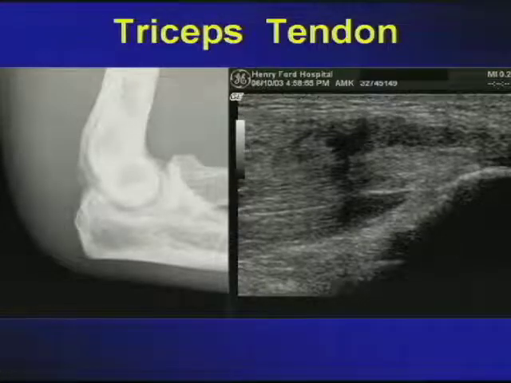Once we see it in long axis, you'll appreciate the bone acoustic landmark of the olecranon process. You'll see that the expected fibrillar pattern of the distal triceps tendon is interrupted by this hypoechoic cleft.